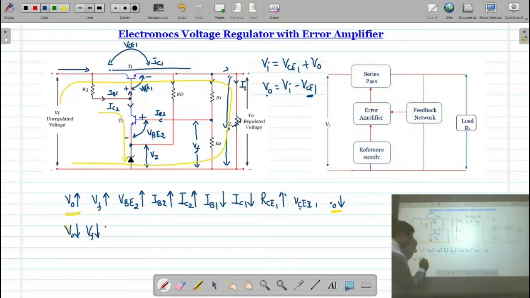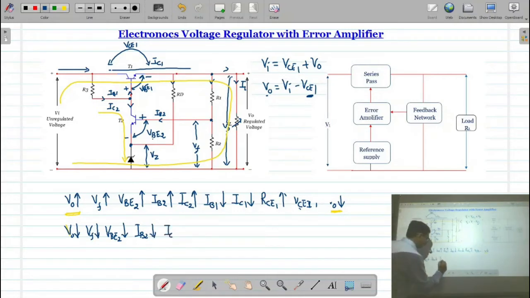You can say the VBE2 is going to decrease. VBE2, the base voltage, decreases, then naturally the base current IB2 will also decrease. IB2 is decreasing, which means whatever collector current is passing through T2 is also going to decrease.